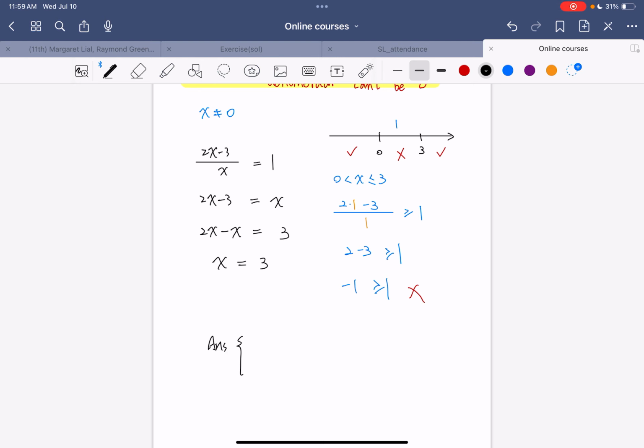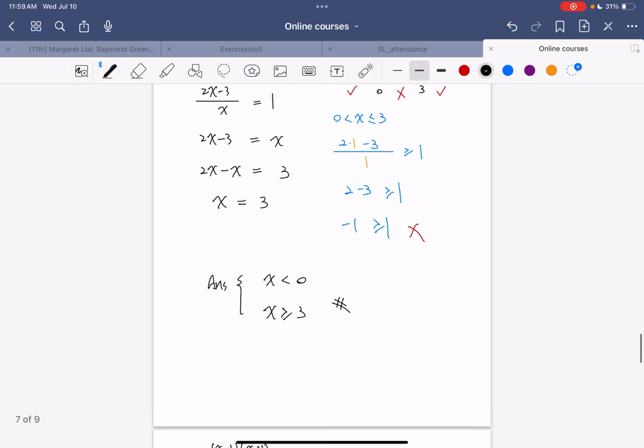The first part is x less than 0, no equal sign because x is not equal to 0. And the next part will be x greater or equal to 3, which means this area. Okay, and that's our answer here.